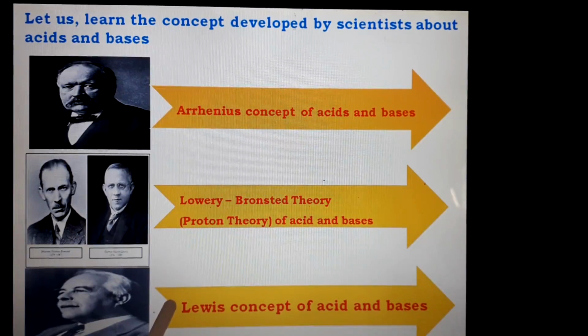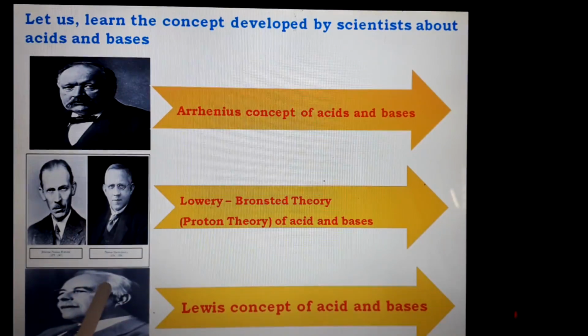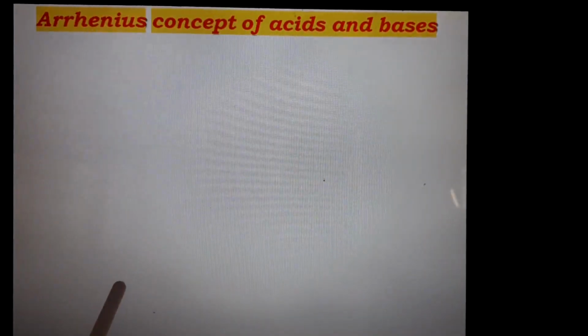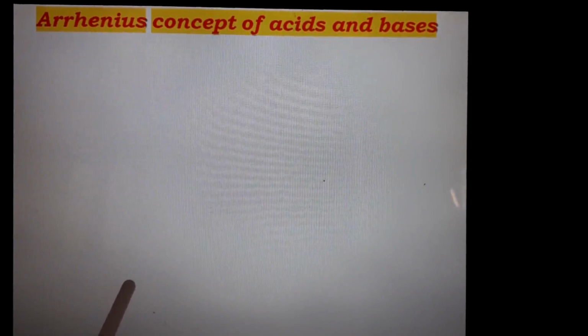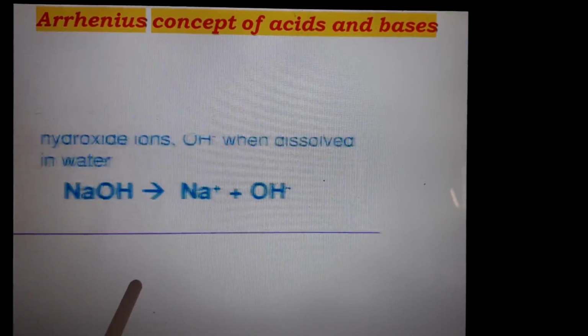The scientists are Arrhenius, Lowry and Bronsted, and then Lewis. One by one we will see the topic. First of all, Arrhenius concept of acids and bases.